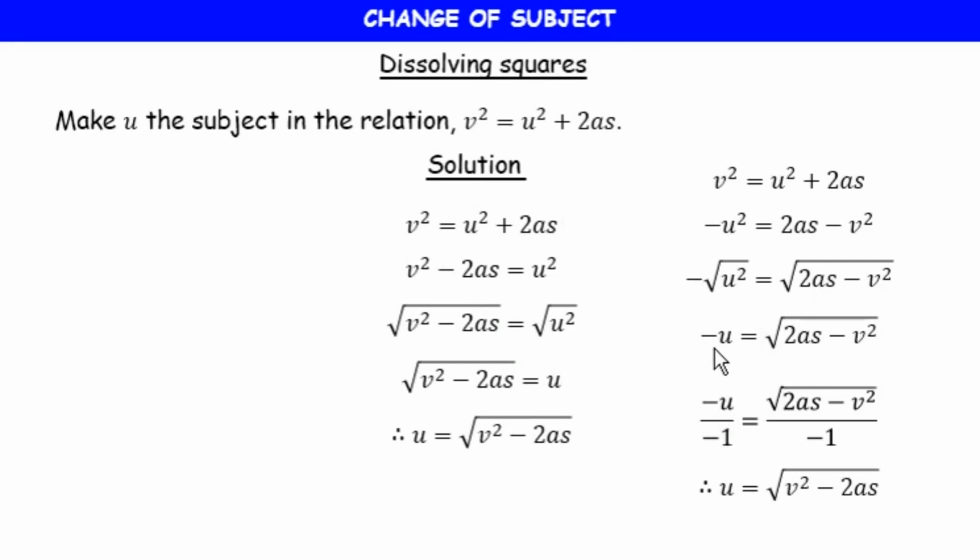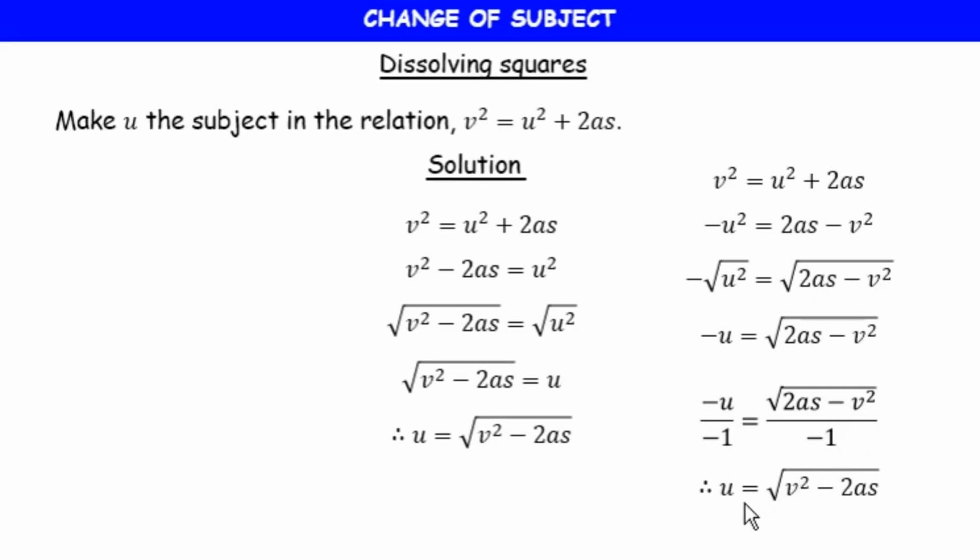So the coefficient of this u is negative 1. To eliminate it, you are going to divide both sides by negative 1, so that negative u becomes positive u.